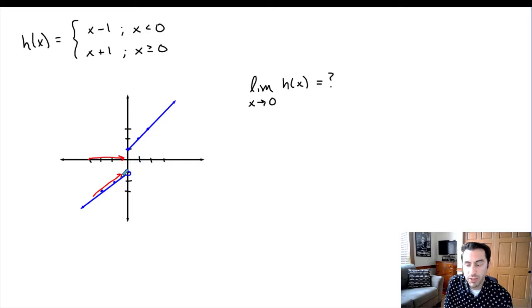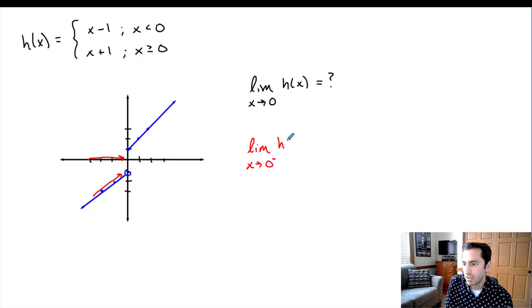If I want to notate that I'm specifically looking at a left-hand sided limit, the way we do that is the limit as x approaches 0, and to indicate we're coming from the left-hand side, we put a little negative sign in the superscript on the 0. Left-hand side means we're coming from the numbers that are smaller than 0.